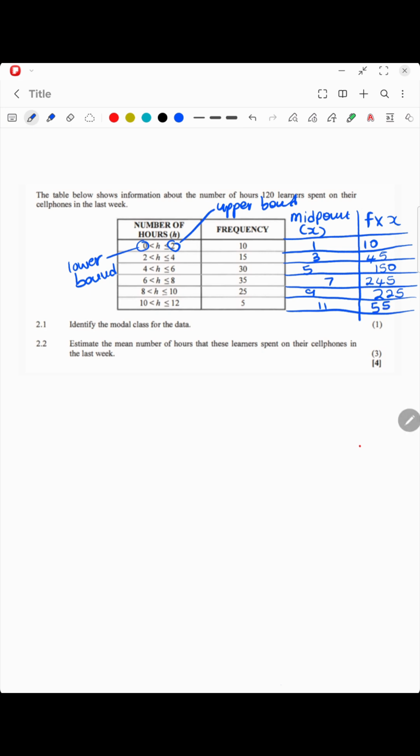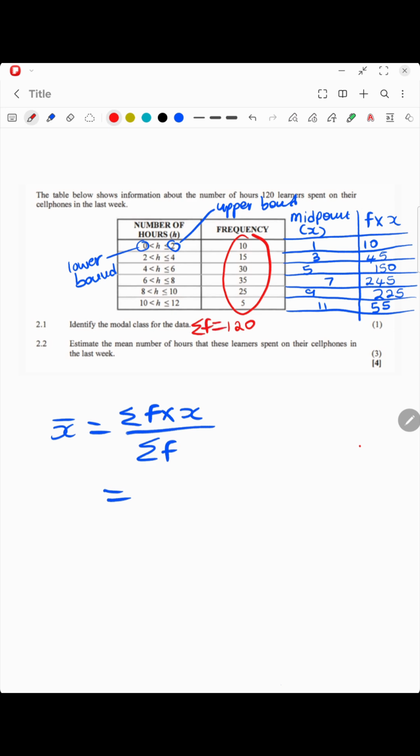So the formula for the estimated mean of group data is the sum of frequency multiplied by the midpoint divided by the sum of the frequency. That means we have to add everything here. When we add everything, we will have 120. This is the sum of the frequency. We have to add the frequency multiplied by midpoint.